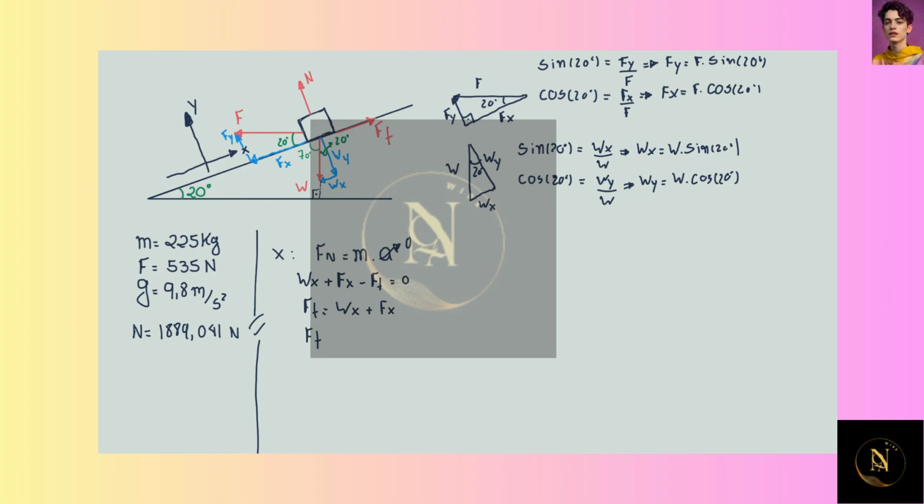We can calculate these components using the equations we have. So Wx is W times the sine of 20 degrees plus Fx, which is F times the cosine of 20 degrees. Now we can plug in the values that the problem gives to get 225 times 9.8 times the sine of 20 plus 535 times the cosine of 20.